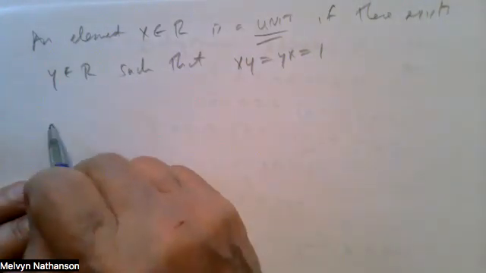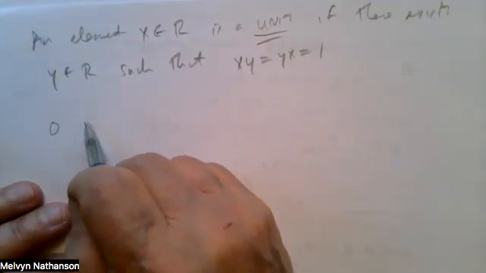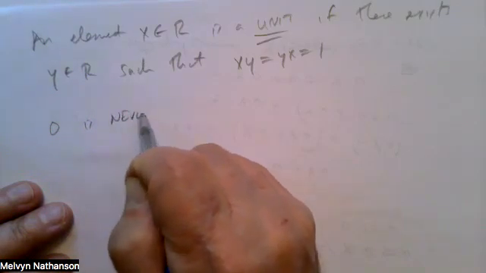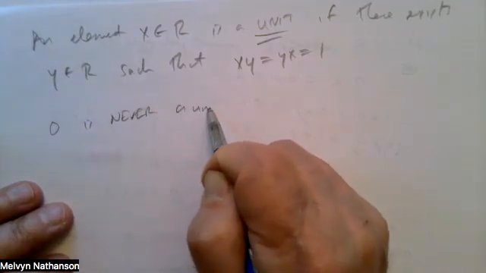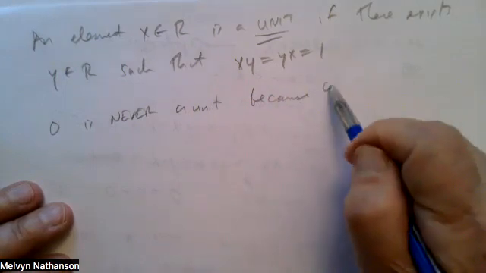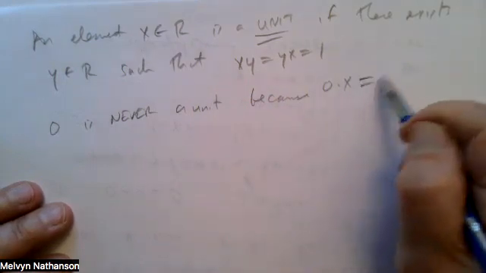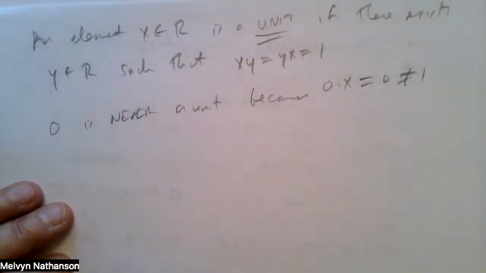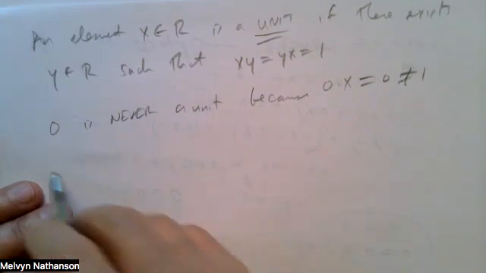So 0 is never a unit, because 0 times x is 0, which is not equal to 1. So 0 is not a unit.